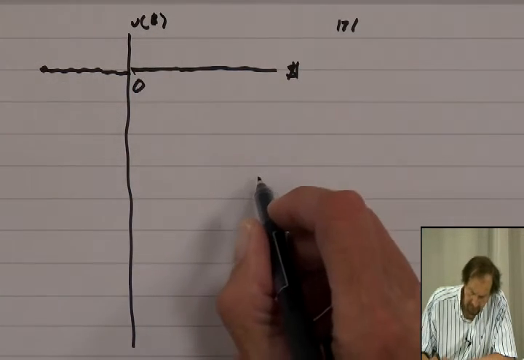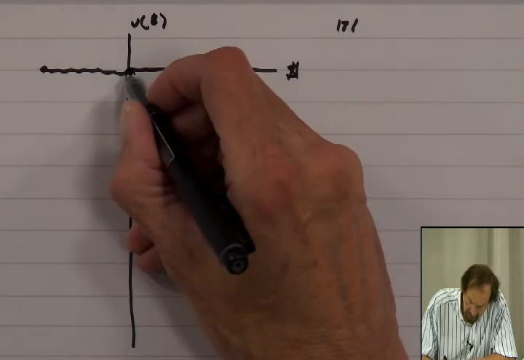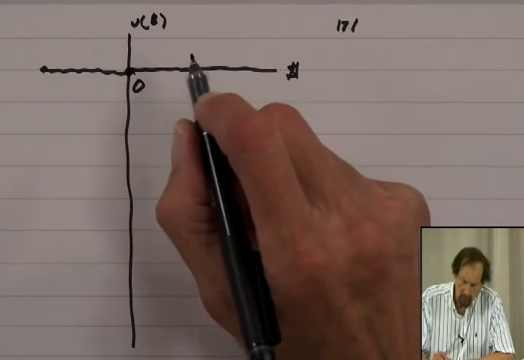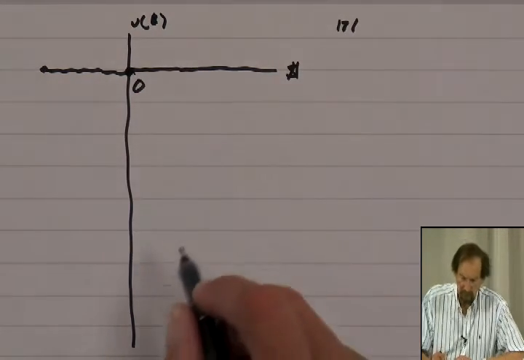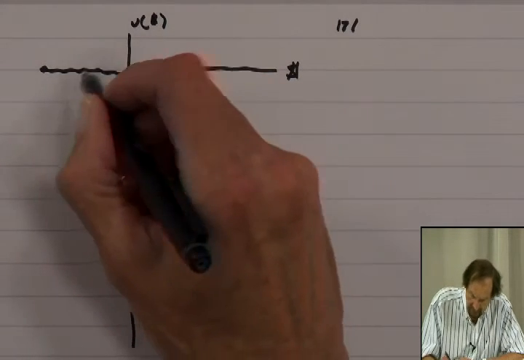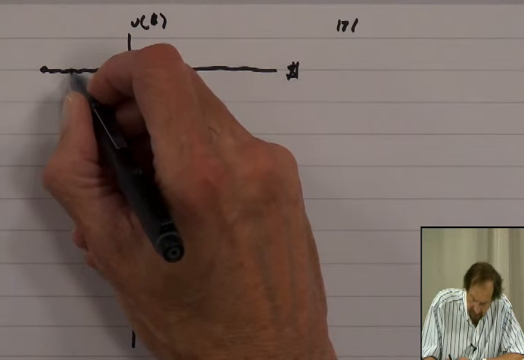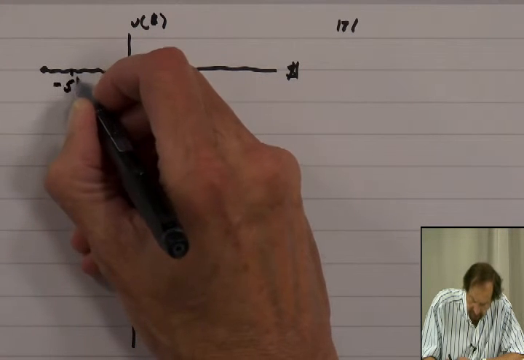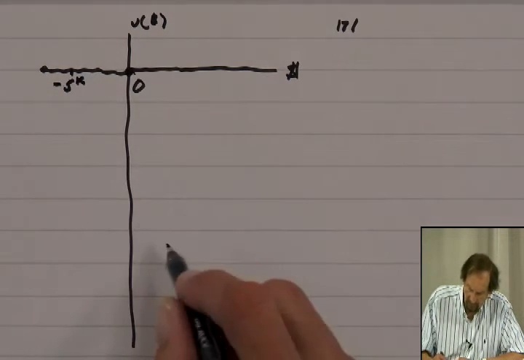Okay, so U of 0 equals 0, and then U of minus 5,000 equals minus 9.